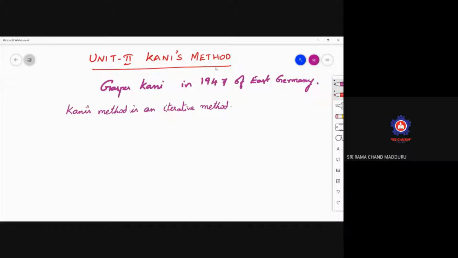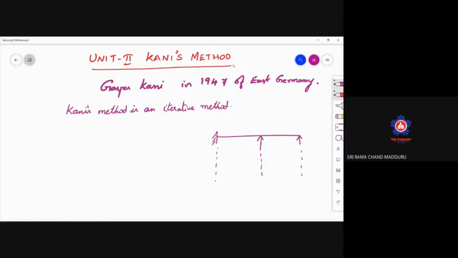Remember, in the moment distribution method, what we have done is the unbalanced moment is balanced. Unbalanced moment is nothing but, just to see here, a beam is there like this. At a particular joint, the moments are to be equal.